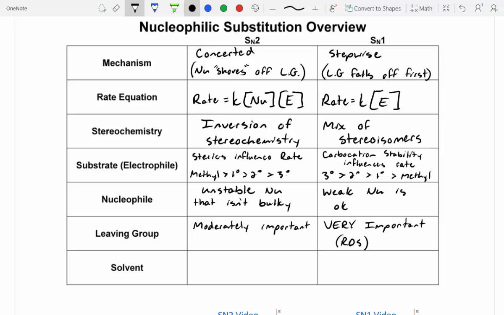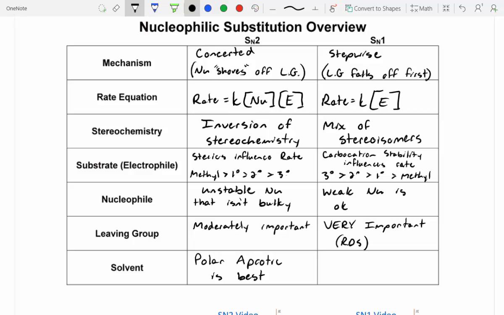Polar aprotic. And why is it best again? Yeah, exactly. It doesn't stabilize your nucleophile, which means it's going to be more reactive and more nucleophilic. So in this case, polar aprotic works better.